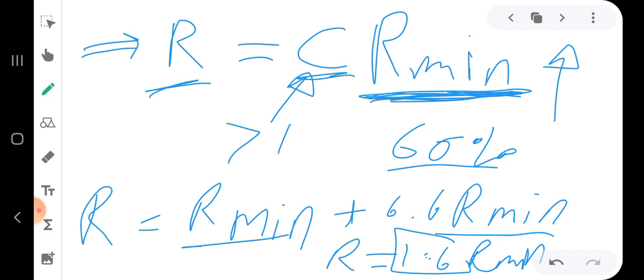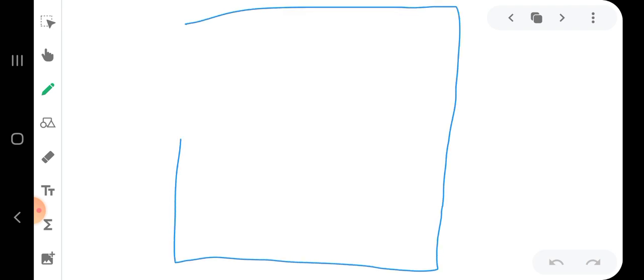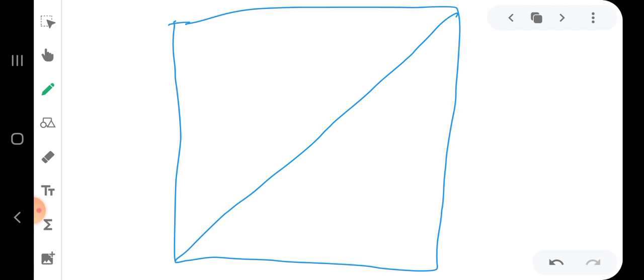To explain this, let's draw a McCabe-Thiele diagram. For example, we have a specific separation process, and then we try to analyze this process using the McCabe-Thiele method. For example, this is the 45-degree line, and we have this equilibrium curve.